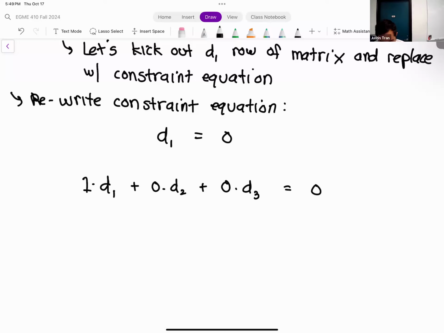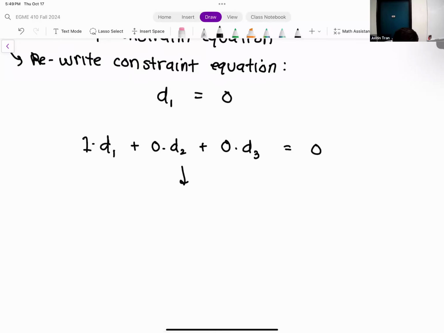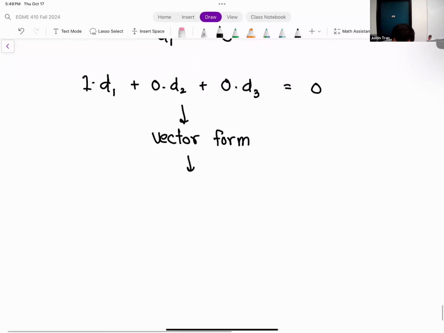Now, why would I do this? I did this so that we can extract a vector form from this equation. What if I extracted the coefficients from the D terms and then put the D terms in their own vector as well?